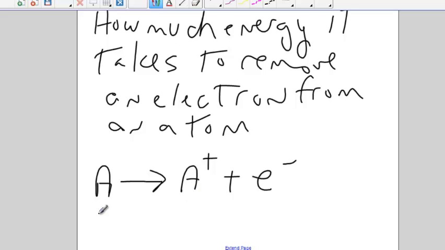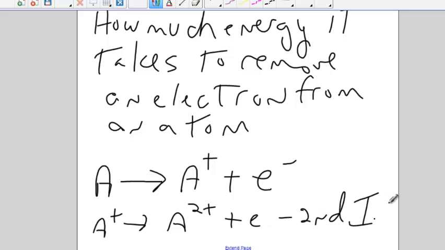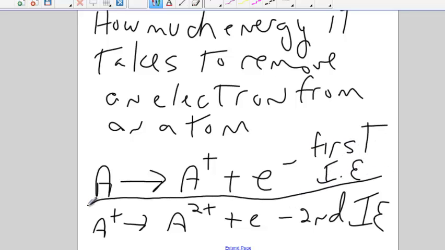Of course, I could keep going. If I did A+ and got to A2+, another electron, that's the second ionization energy, and so on and so forth. I can keep going until I run out of electrons. But let's just talk for the moment about first ionization energy, removing that first electron.